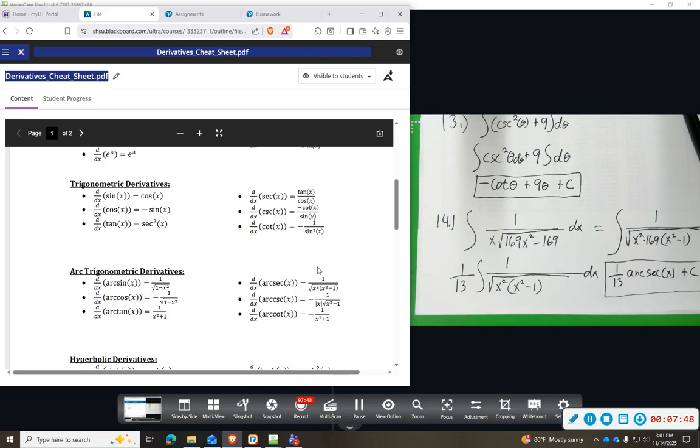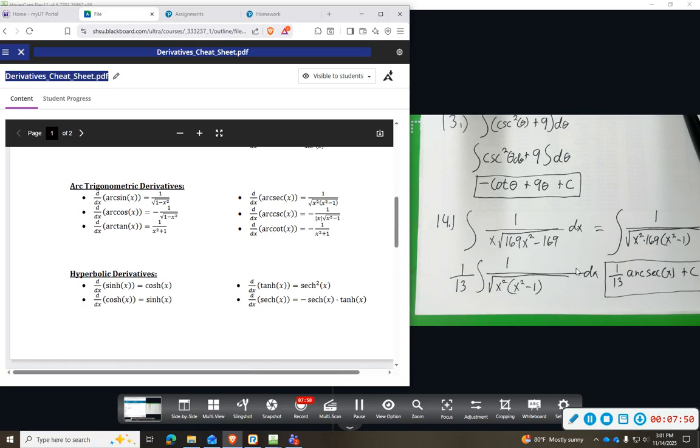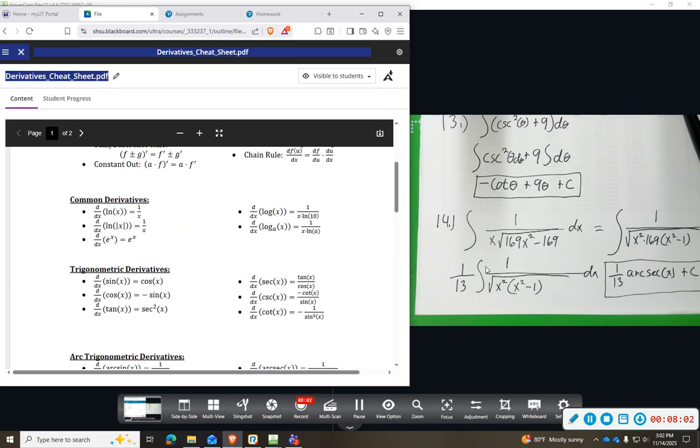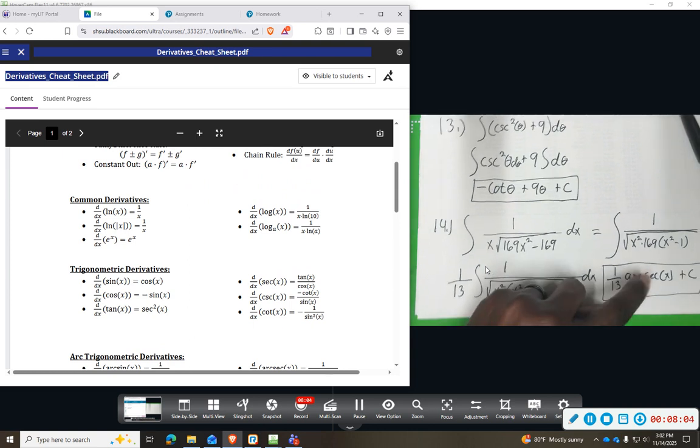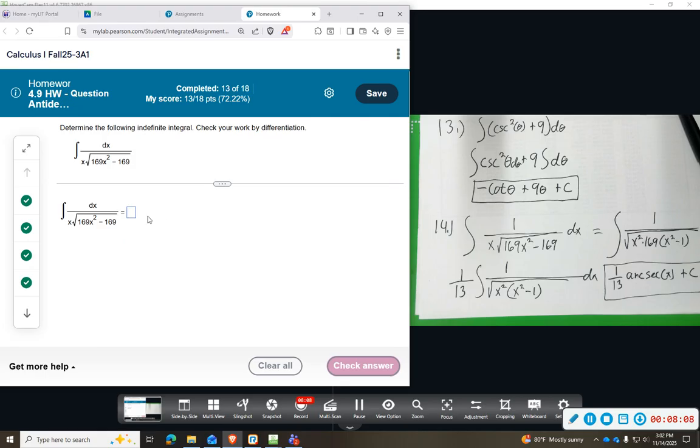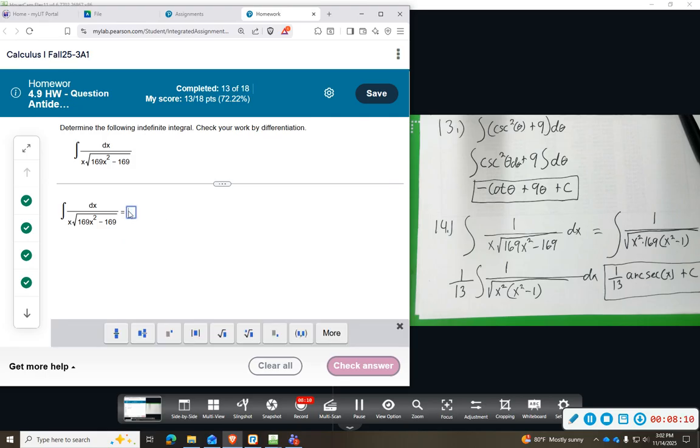You'll be given different forms, so some different forms may give it to you with the x on the outside. This one puts it on the inside, but those are equivalent forms. I don't think they have another one like that at all. They got the hyperbolic. So we're going with 1 over 13 arc secant of x plus c as our antiderivative for this function.